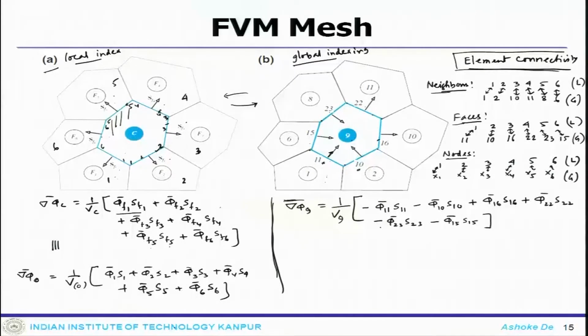One important thing to note here is that the local surface vectors are not necessarily in the outward direction.